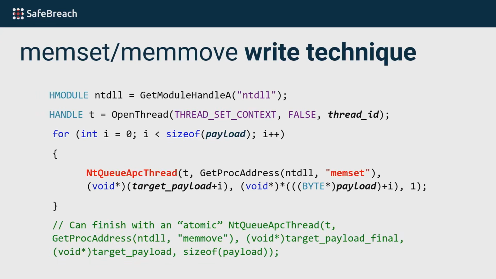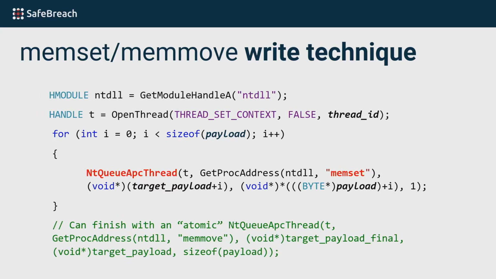And finally, we can make it atomic by writing the data to some temporary buffer not in use, and then copying the buffer in a single atomic step using memmove, which allows us to move, using again NtQueueApcThread with memmove, taking 3 arguments: destination address, source address, and length.